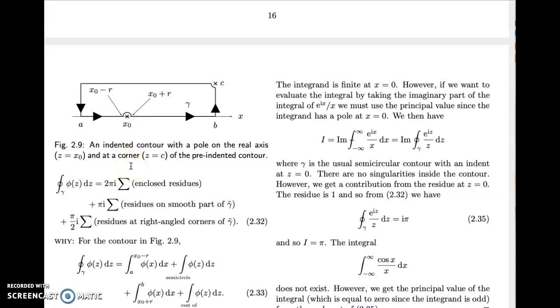So basically, the formula you end up with is 2 pi i times the sum of the enclosed residues, any residues of poles inside, plus half of this for residues on the smooth part of the contour.